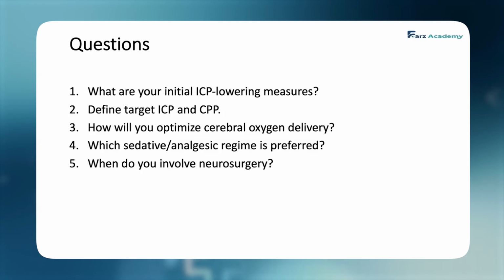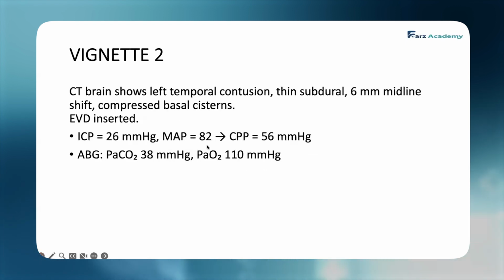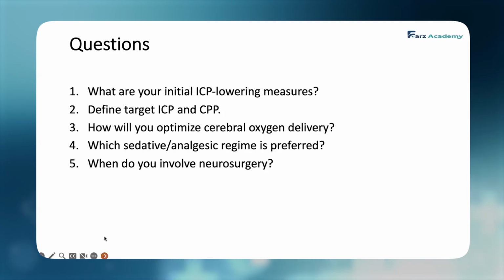Here your MAP is given as 80 and your ICP is around 26, so CPP is coming to 56. So you have to increase the CPP to around 65, so you have to reduce your ICP a little bit. And how will you optimize cerebral oxygen delivery?